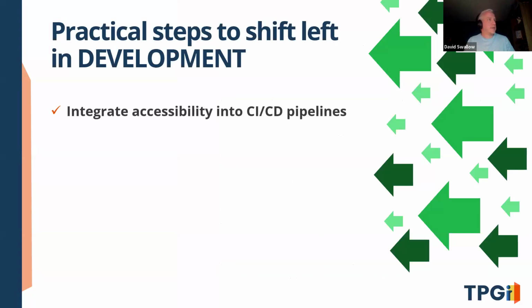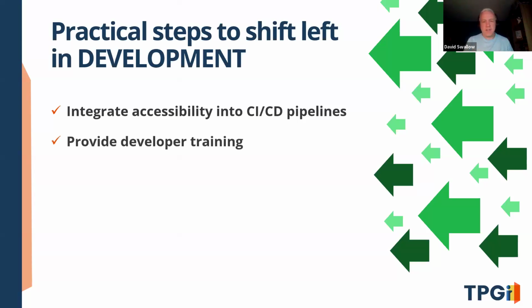And here are some practical steps to shift left in development. So integrate accessibility into CI and CD pipelines. Automated accessibility checks should be part of continuous integration workflows. Provide developer training. Ensure developers are equipped with knowledge of WCAG principles and accessible coding practices.